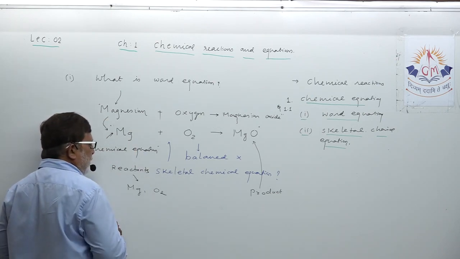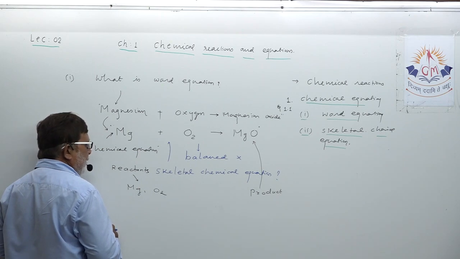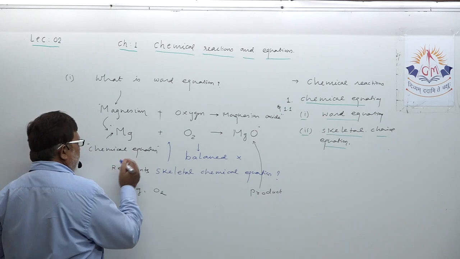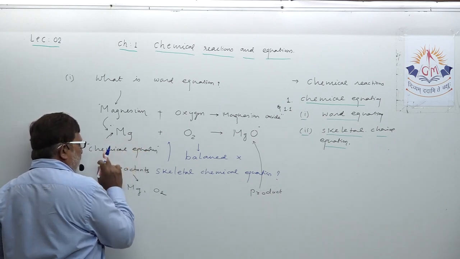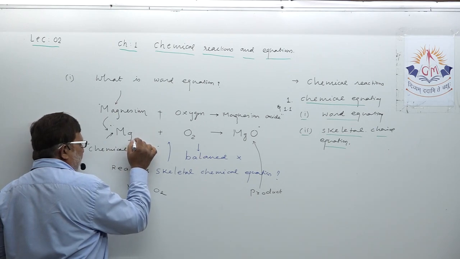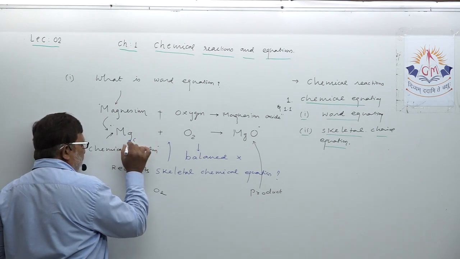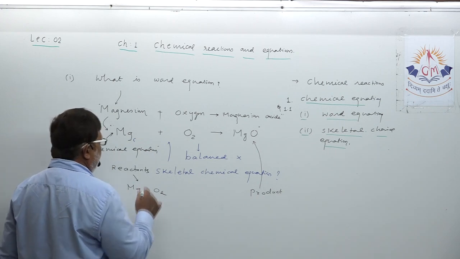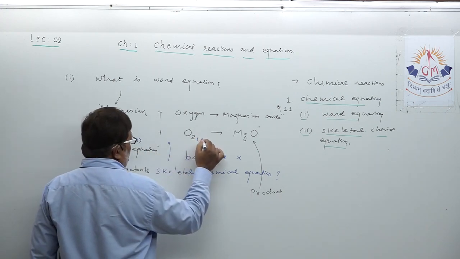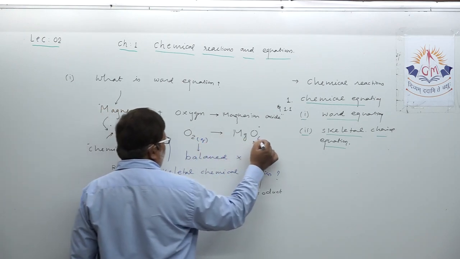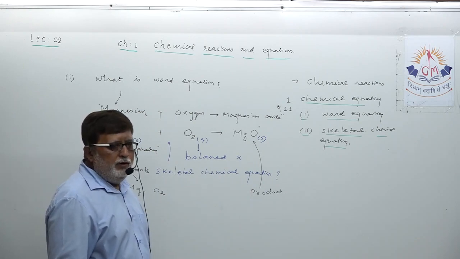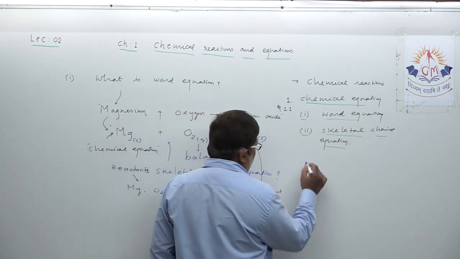Next feature, when reactants and products are written in a chemical equation, every formula and symbol is designated with a suffix for its state. Suppose here magnesium solid, oxygen gas, magnesium oxide solid, we use different symbols.